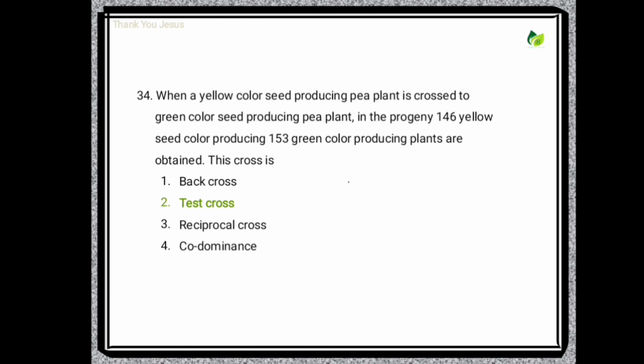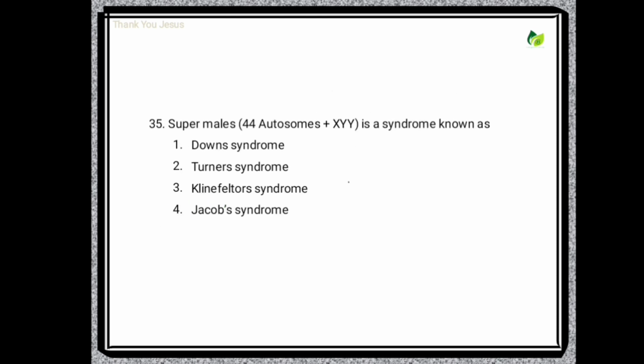The ratio is equal to 1:1, so it is a test cross. When the F1 hybrid is crossed with the recessive parent, it is called a test cross. The ratio of a test cross of a monohybrid cross is 1:1. So the answer is test cross. Let's see the next question.